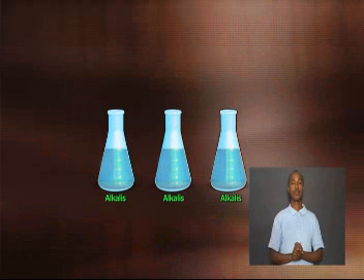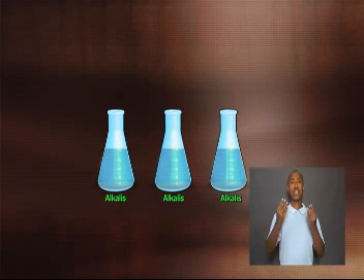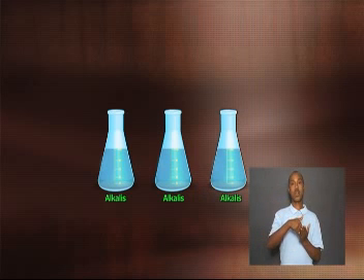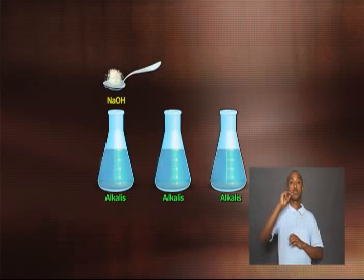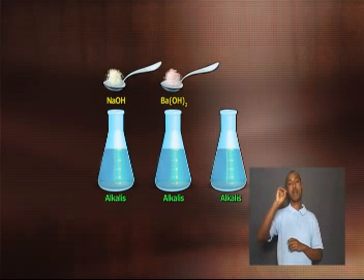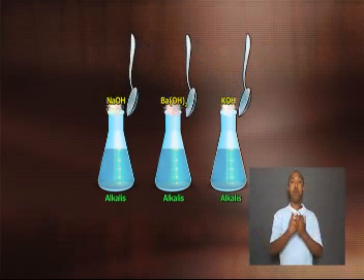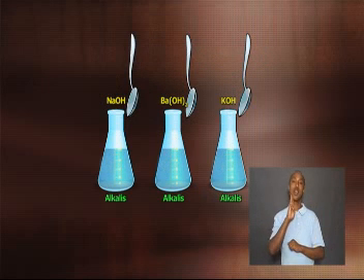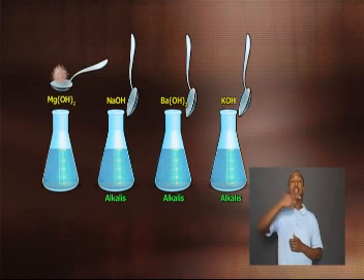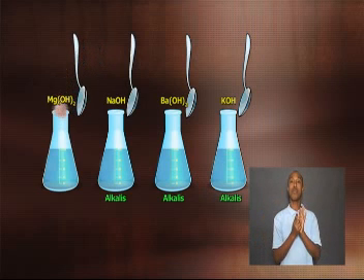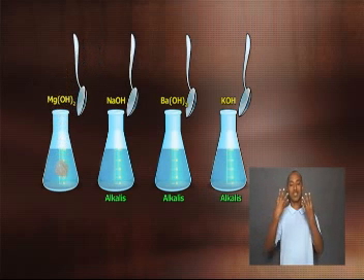Let us move on with the lesson and discuss the general properties of bases. Bases that are able to dissolve in water are also referred to as alkalis. For example, sodium hydroxide, barium hydroxide, and potassium hydroxide are all readily soluble in water. Magnesium hydroxide is an example of a base that is only slightly soluble.